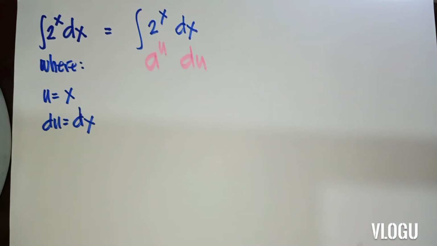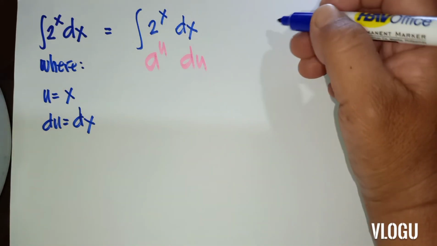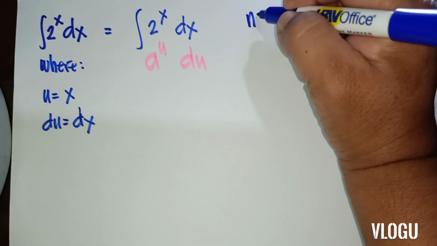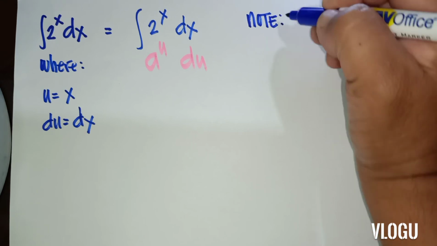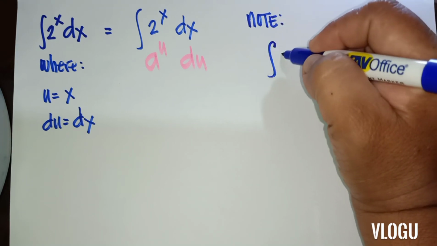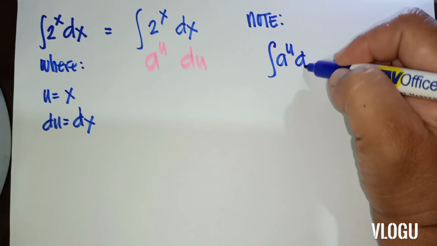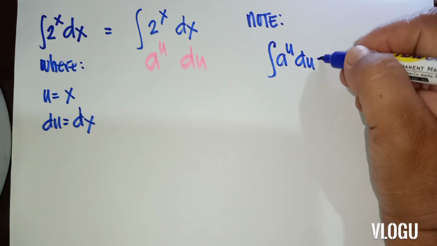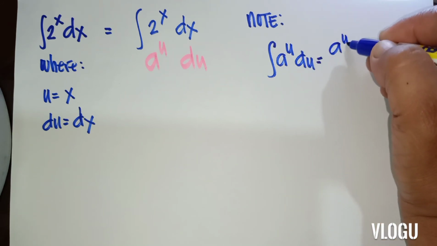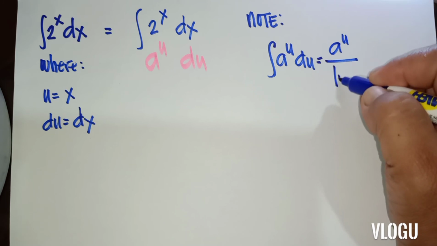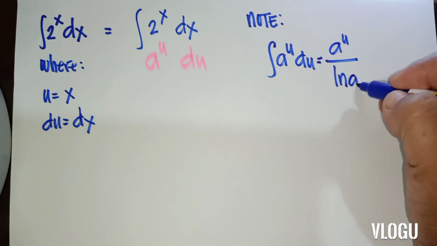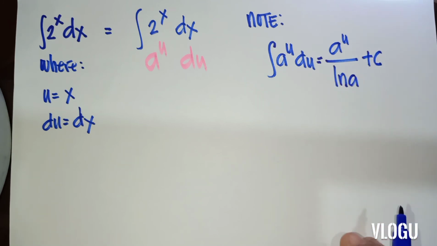Once you have a form of a to the u du, note, I will write here: the integral of a to the u du is equivalent to a to the u over ln of a plus c.